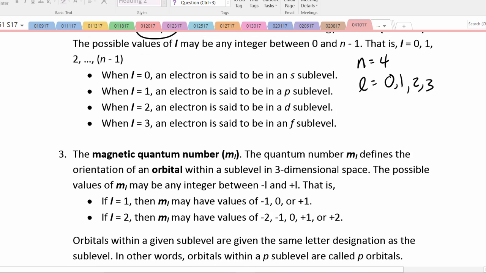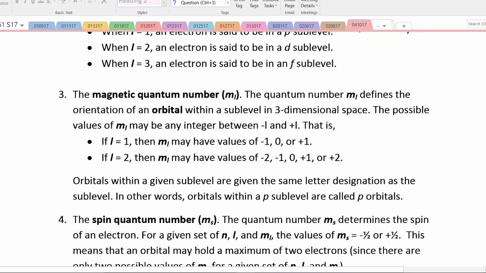Then from here we go on to what's called the magnetic quantum number, which is m sub L. And m sub L defines what we call the orbital, specifically the orientation of the orbital in 3-dimensional space. m sub L can be any integer value between negative L and positive L. In other words, if L is equal to 1, then we can see values of negative 1, 0, or positive 1.